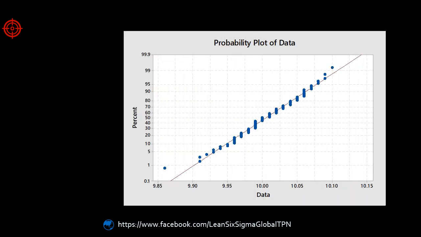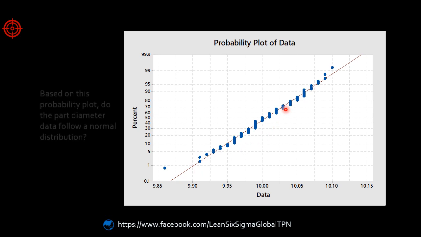The fitted line represents the assumed distribution. The dots are individual data values. To determine if the data are from a normally distributed population, we look at the plot and assess how closely the data values follow this line. Data that stray from this line indicate that they also stray from the normal distribution.